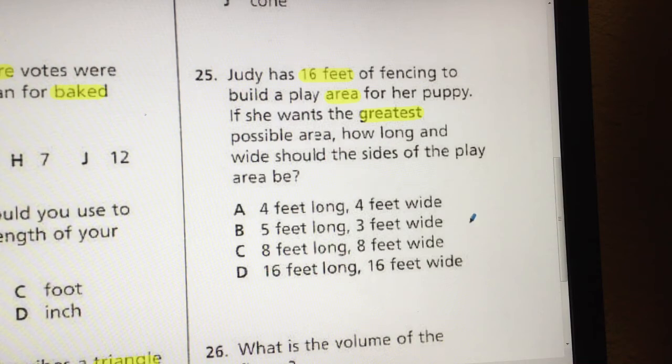Can she do 5 by 3 by 5 by 3? Okay, does she have enough fencing to do that? And then go and find the area. So you're going to want to draw 4 separate play areas and figure out if she can build that size with the 16 feet, and then take a look at the area, which remember is the inside.